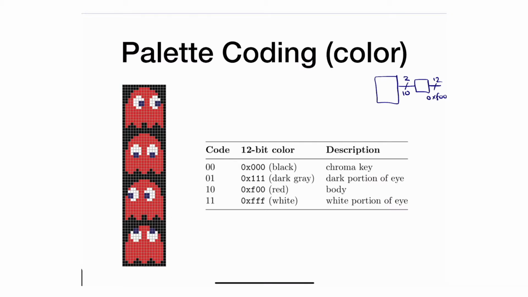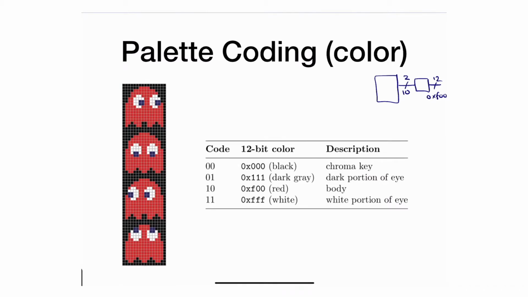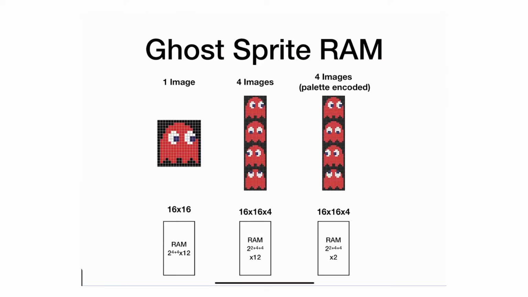So why would I need to code the color though? Well, it's a lot more efficient to store in RAM, and it'll also allow me to dynamically change the color. So let's talk a little bit about the efficiency of storing coded palettes as opposed to storing the raw 12-bit colors.